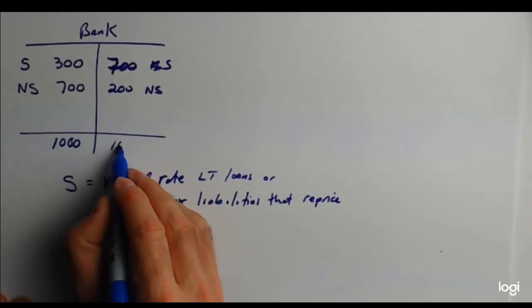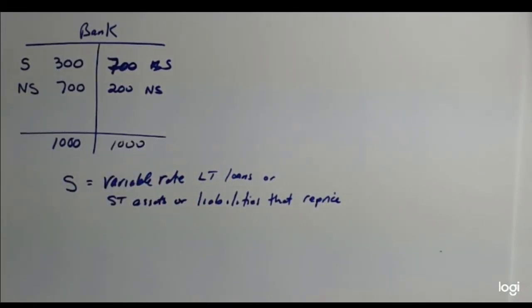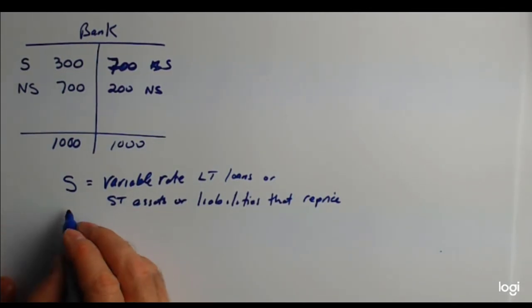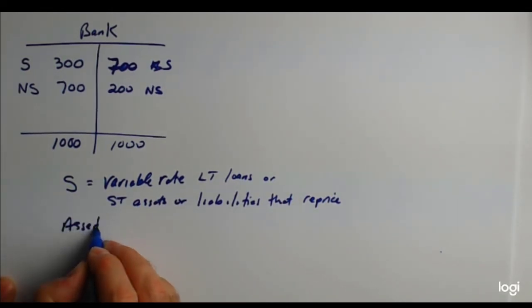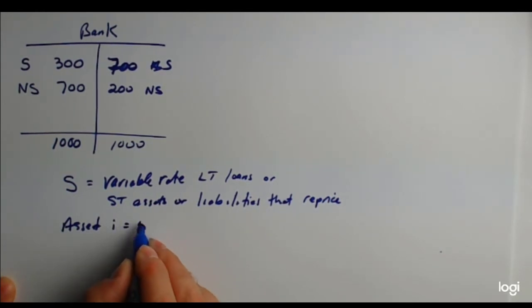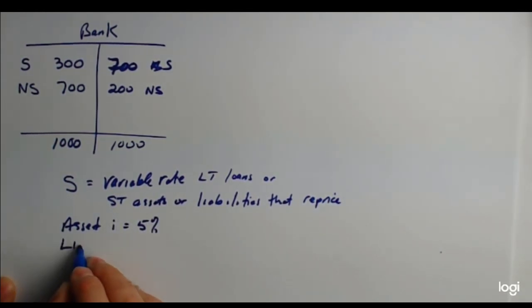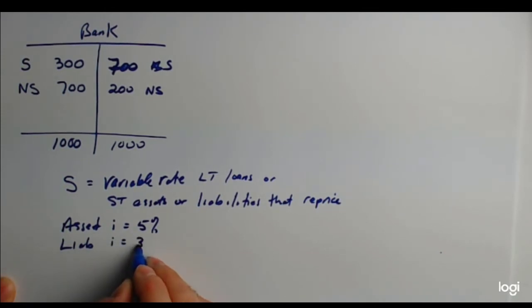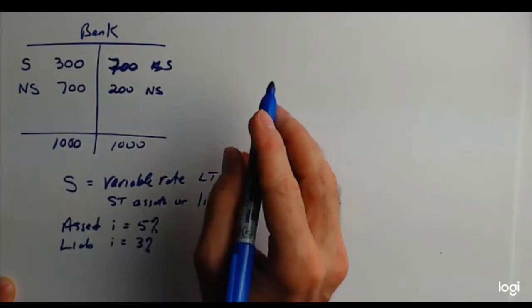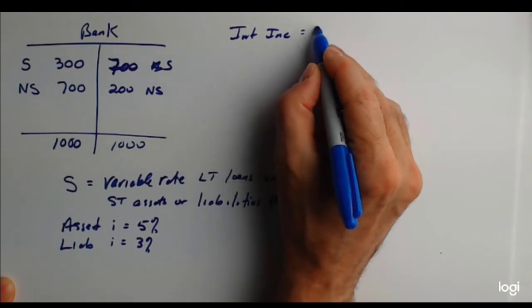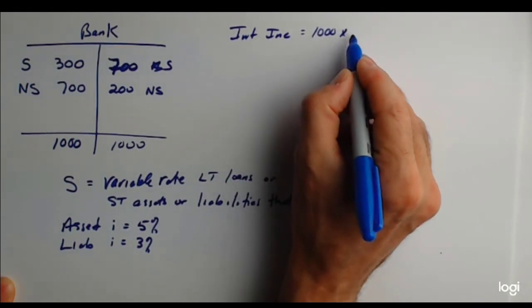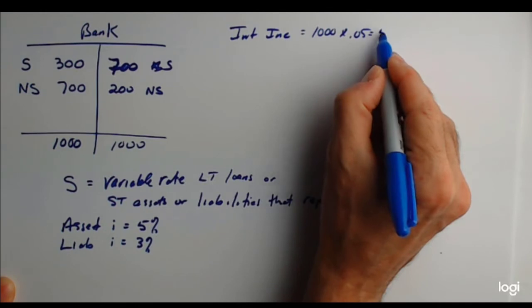So now what we want to do is analyze this situation. Let's assume that the asset interest rate is 5%, and the liability interest rate is 3%. In this situation, we'll have interest income equal to $1,000 times 0.05, that equals 50.